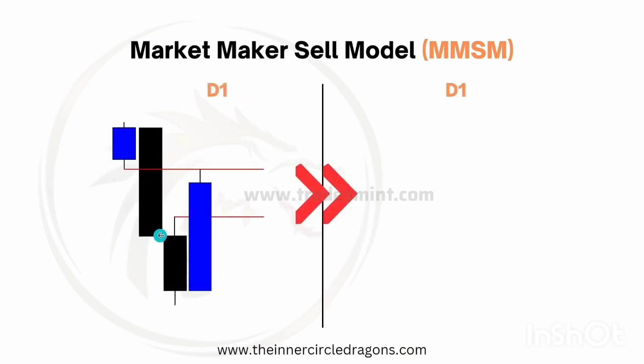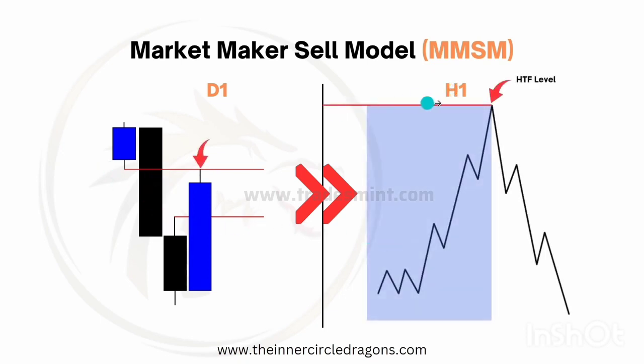In our last example on the daily time frame, we had this buy side delivery of the buy program rebalancing this sell side imbalance. We've seen that on the lower 1 hour time frame fractal with the buy side delivery on the left side of the curve of a market maker sell model reaching up into our higher time frame level. In this example was the premium high of this sell side imbalance.